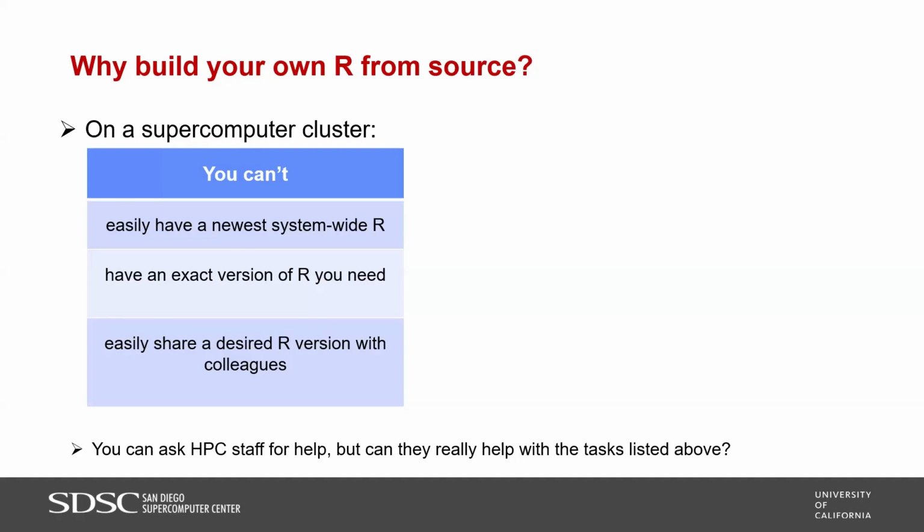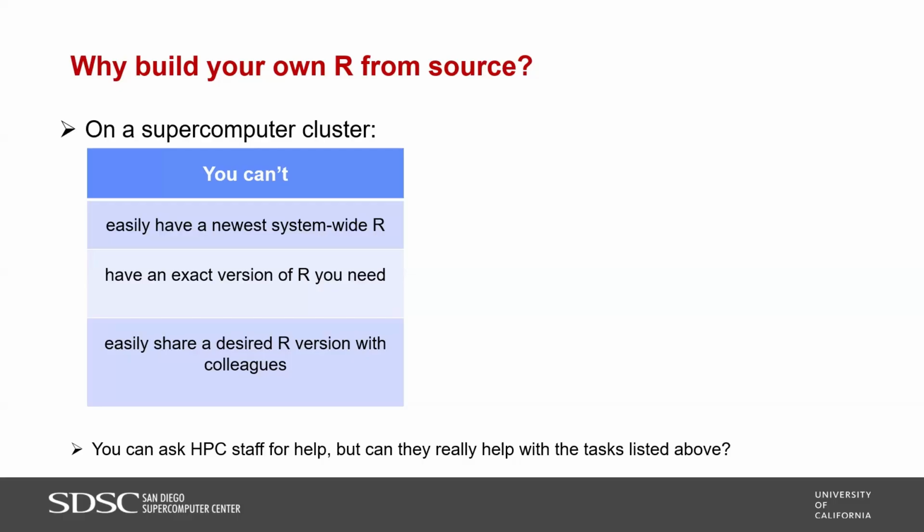You also want a desired R version to share with your colleagues to make sure you're all on the same page. That's usually something you cannot get on the HPC cluster. Or maybe you can ask HPC staff for help, maybe you can ask me for help.